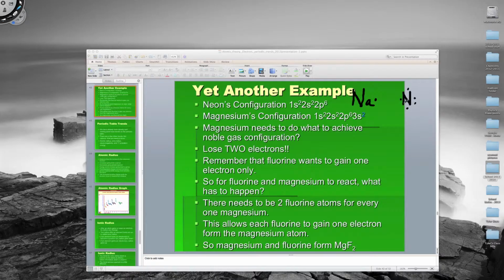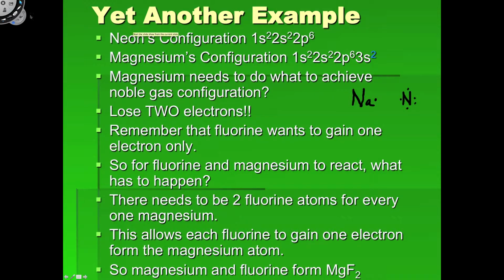There is a reason behind it, but we're not going to get into it here. Sorry about that. So let's see. Sodium wants to lose 1 electron, but nitrogen needs how many more? Well, it has 5. If the magic number is 8, then it's going to want to gain 3.